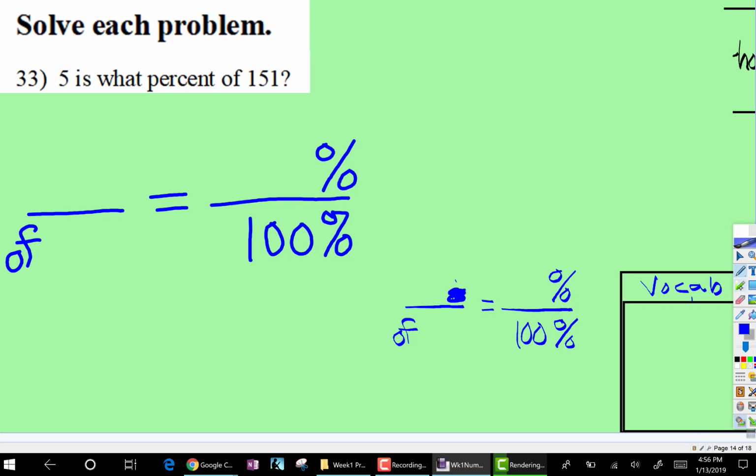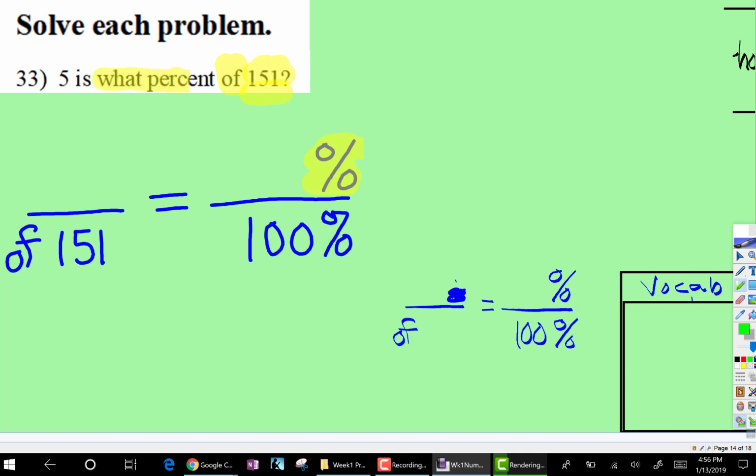So here is what I want you to do. Whatever comes after the word of. So here's the word of. 151 is after of. You're going to put that there first. Then you're going to look at the percent sign, and whatever comes before the percent, here, I should do that in a different color. Whatever comes before the percent sign, not after it, but before.